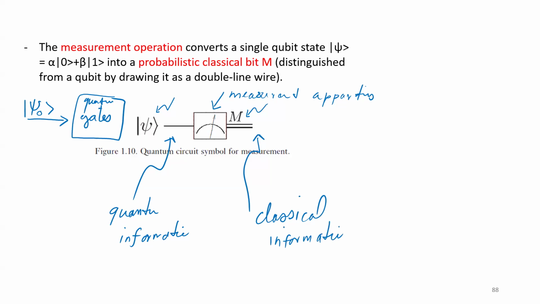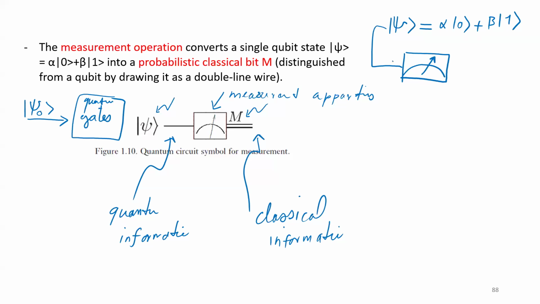For instance, if I have a psi that is alpha 0 plus beta 1, I'm going to take this and make a measurement. This is the symbol for a measurement, which we use in quantum circuits.